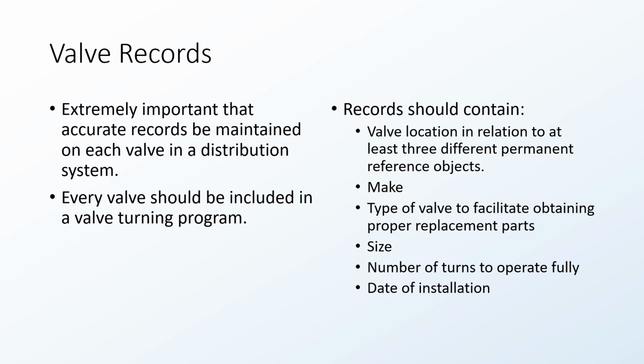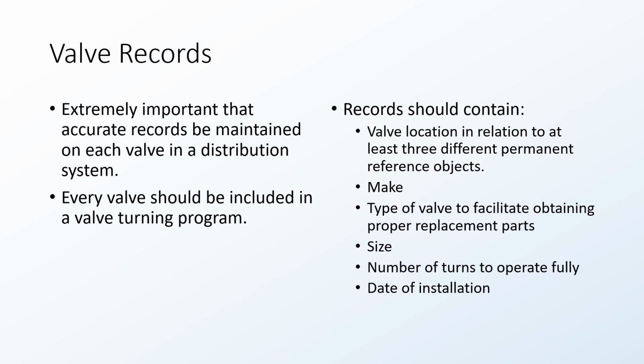You also want to make sure you have good records on what type of valve was installed, because that could be just as important. The make of the valve, who the manufacturer is, and then of course the size of that valve. The number of turns to fully operate the valve can be useful as well.